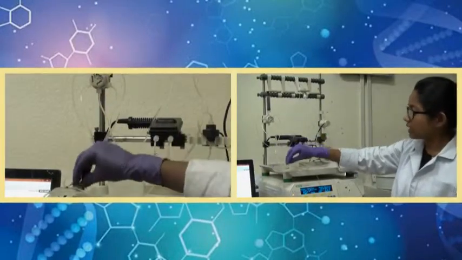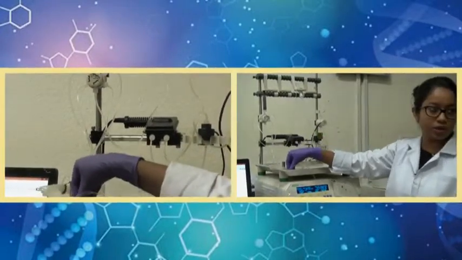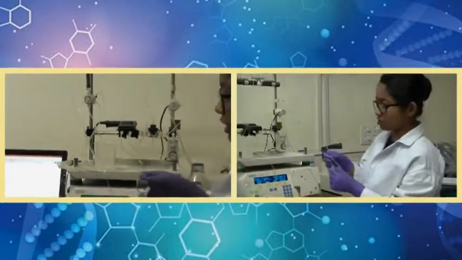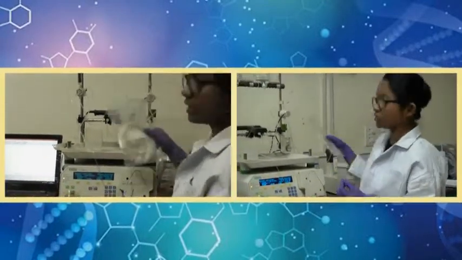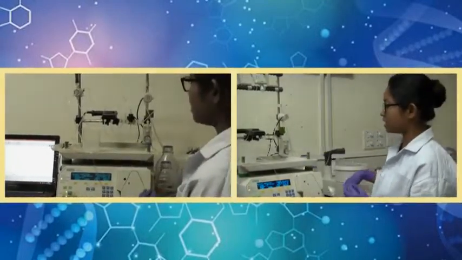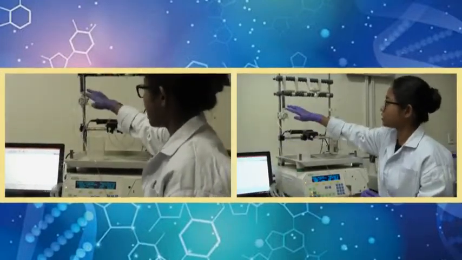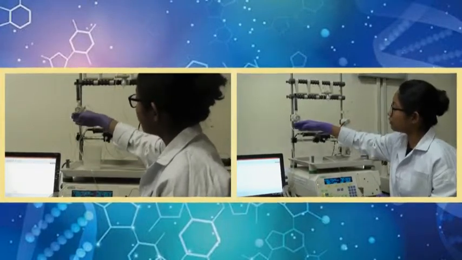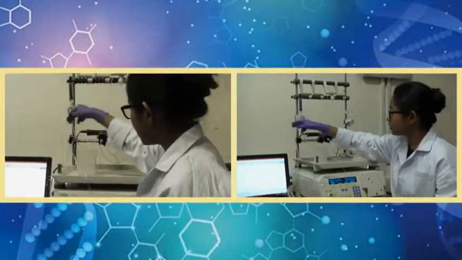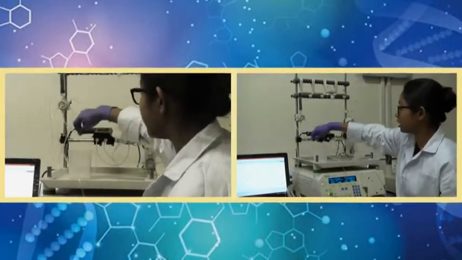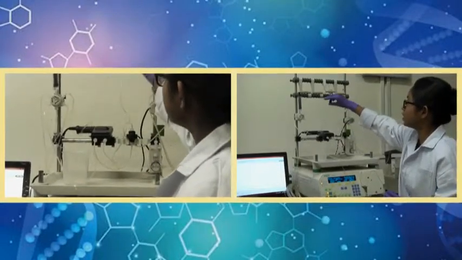Here I have attached a 10 ml tube, but you can also attach 2 ml or more than that. Based on your need, you have to attach the sample tube. After you inject your sample in that tube, you are going to flow the buffer through this, and this buffer will direct your sample into this column.